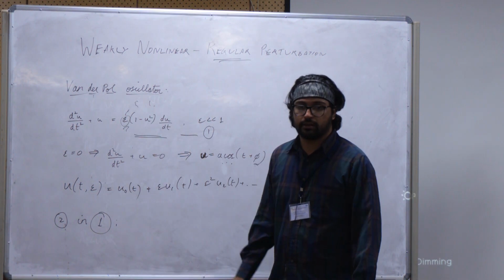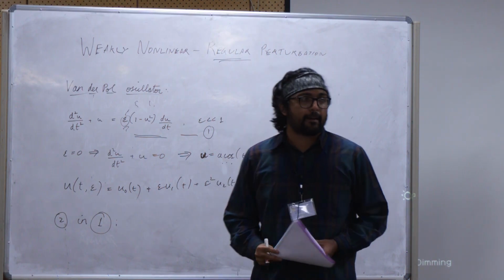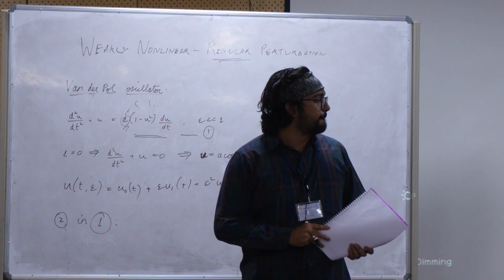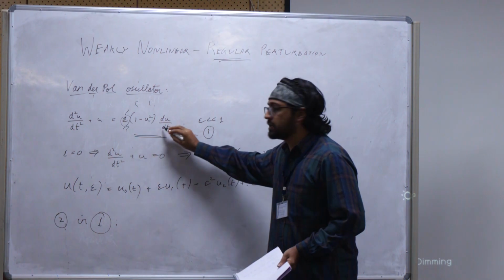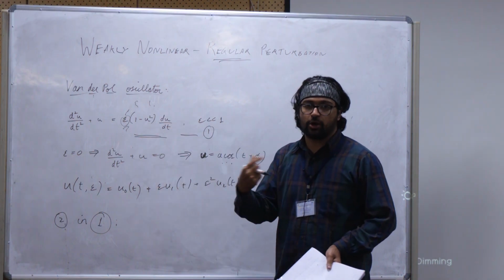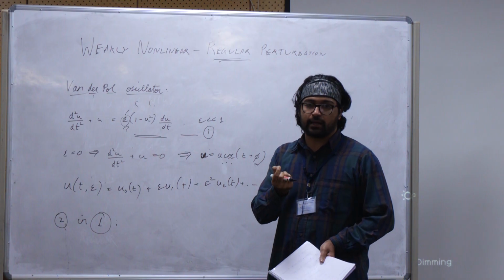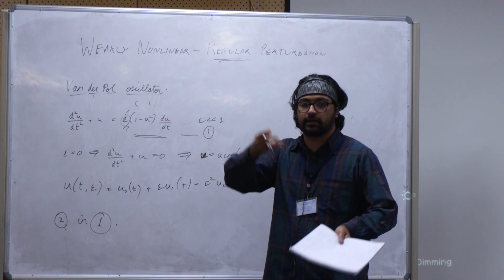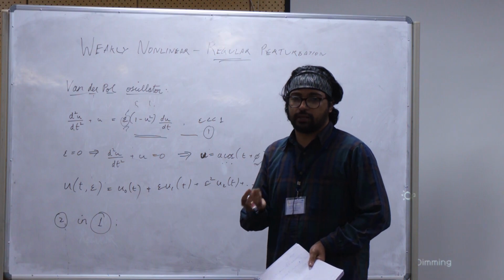But is there any physical justification of smallness of epsilon or not? I mean, when the damping is small. So when you have a harmonic oscillator and a very small drag coefficient, let's say air resistance, which is very small, but resistance nonetheless.